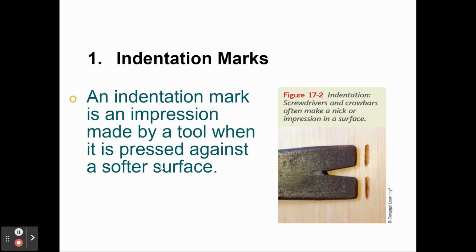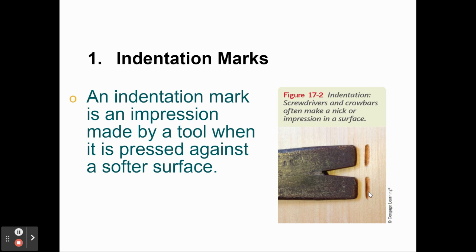You could end up with the same thing even in metal. Maybe you're prying on something. Maybe there's a fitting over top of a piece of aluminum, and you pry against the aluminum. You're going to end up leaving marks, and you're going to leave indentations that then can be measured. So these can be measured lengthwise, you can measure the width, you can make note of the ends of those indentations.